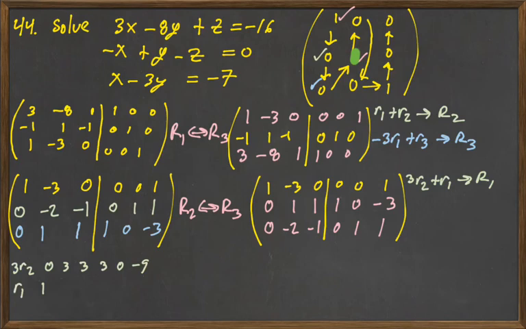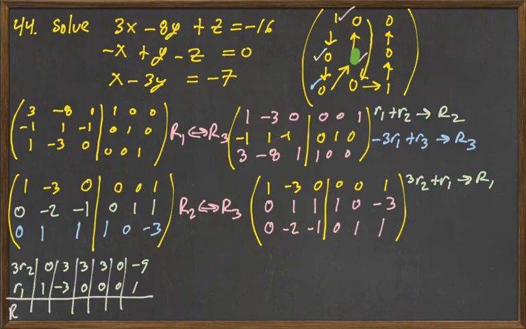And row 1, there it is. We'll go ahead and add those to make our new row 1. So we get 1, 0, 3, 3, 0, and minus, it should be a minus 8. There we go, minus 8. Okay. 1, 0, 3, 3, 0, and minus 8.